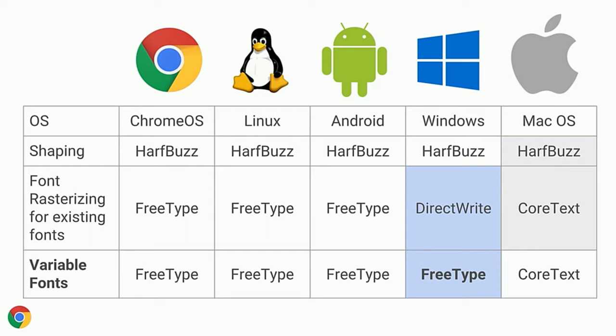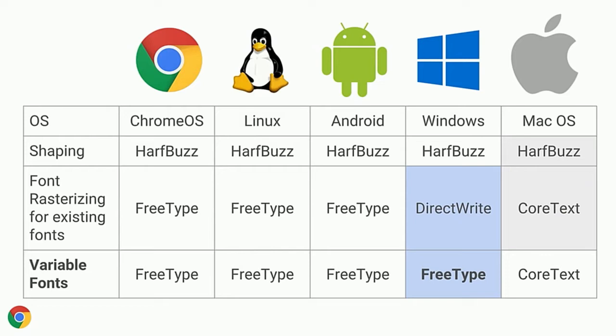It's the open source stack that we know well and that we work on in our products. On Windows, you see DirectWrite and FreeType for variable fonts. And on macOS, we're using Core Text on latest versions, but we're using FreeType there as well on versions older than and down from 10.11.